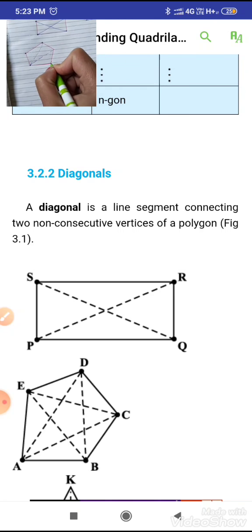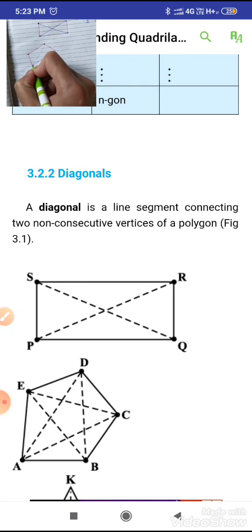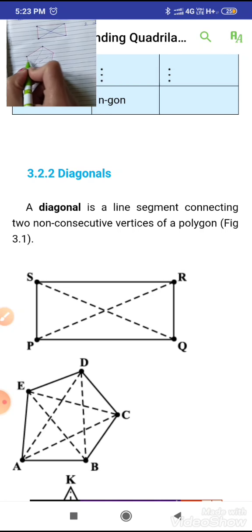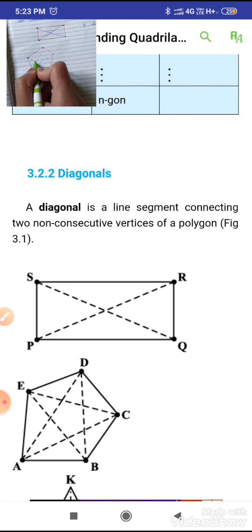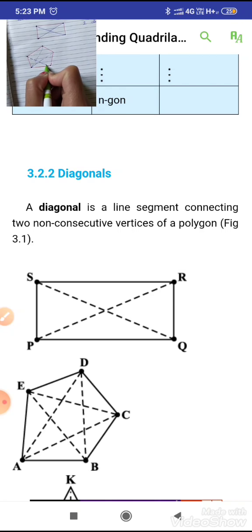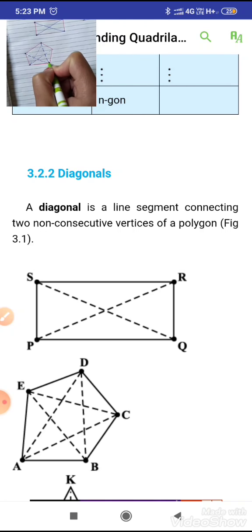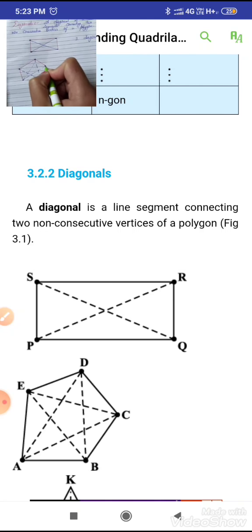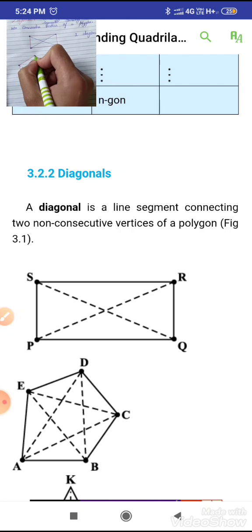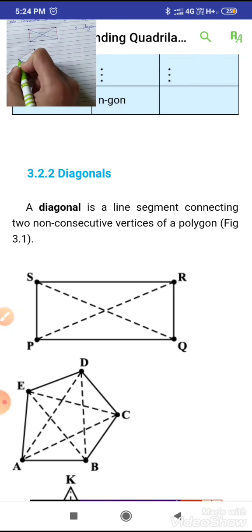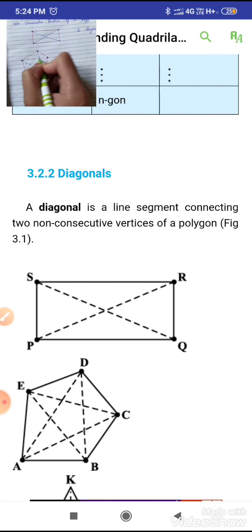Similarly, for this vertex, these two are its consecutive vertices, and these two vertices are non-consecutive, so we connect them. Again, for this vertex, these two are consecutive and these two are non-consecutive, so connect them.